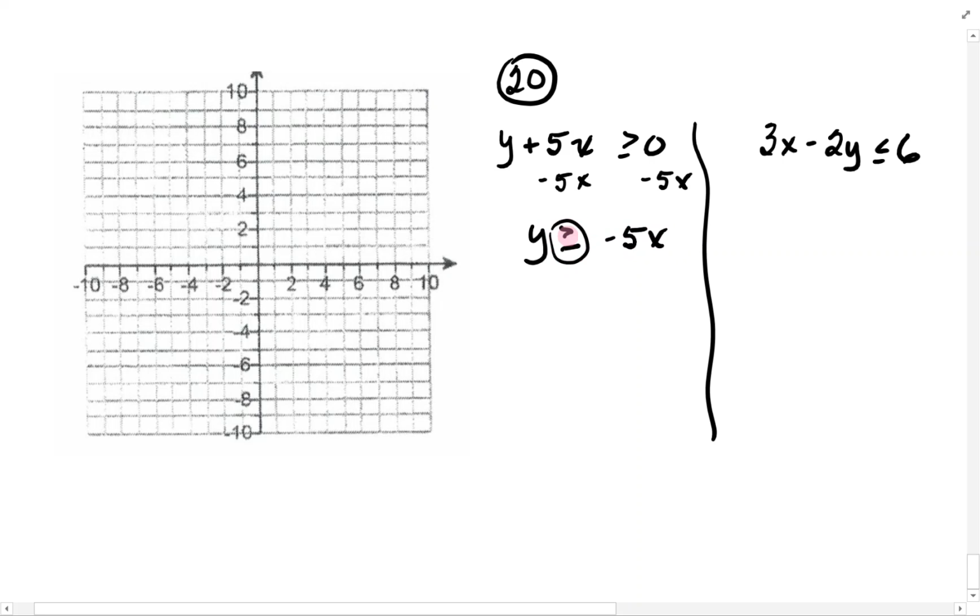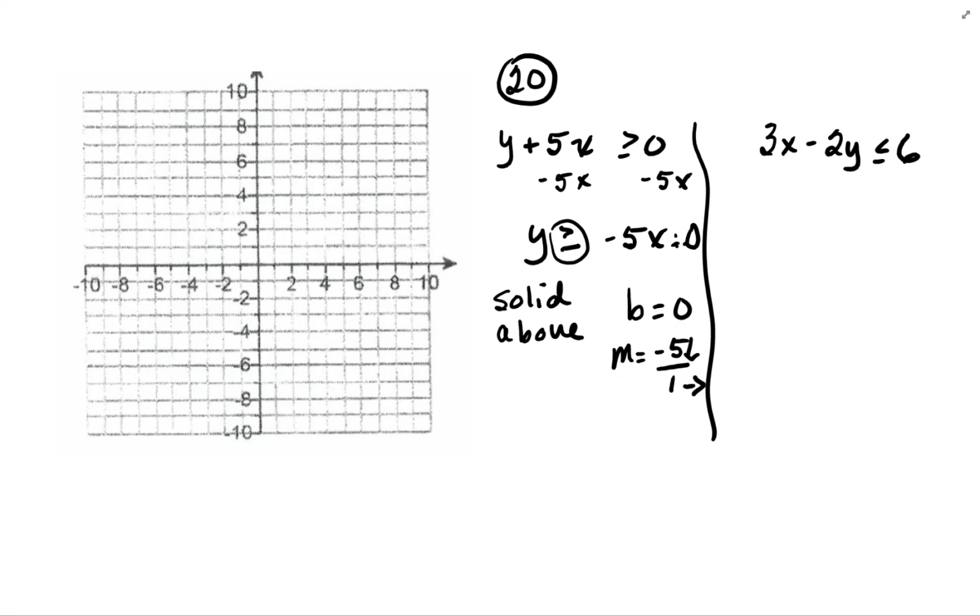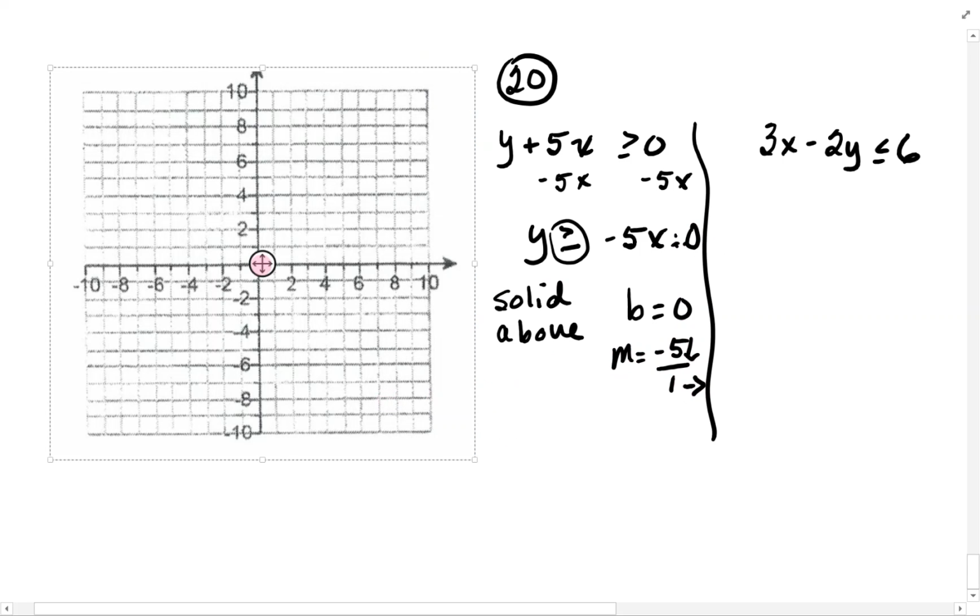This symbol tells me it's going to be solid, and because it's a greater than, I will shade above. And let's see, the b value is an implied plus 0. The slope is negative 5. I'll put that over 1, so it's down 5, right 1.